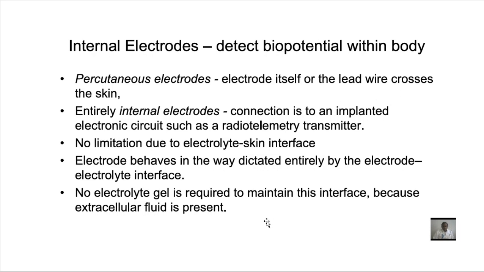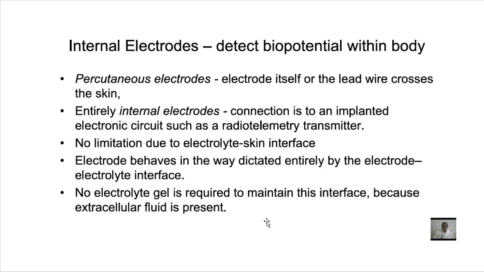So in internal electrode, one type is the percutaneous electrode, that is an electrode inserted through the skin and going into the deeper seated tissues. The electrode itself or the lead wire crosses the skin and goes below the skin.